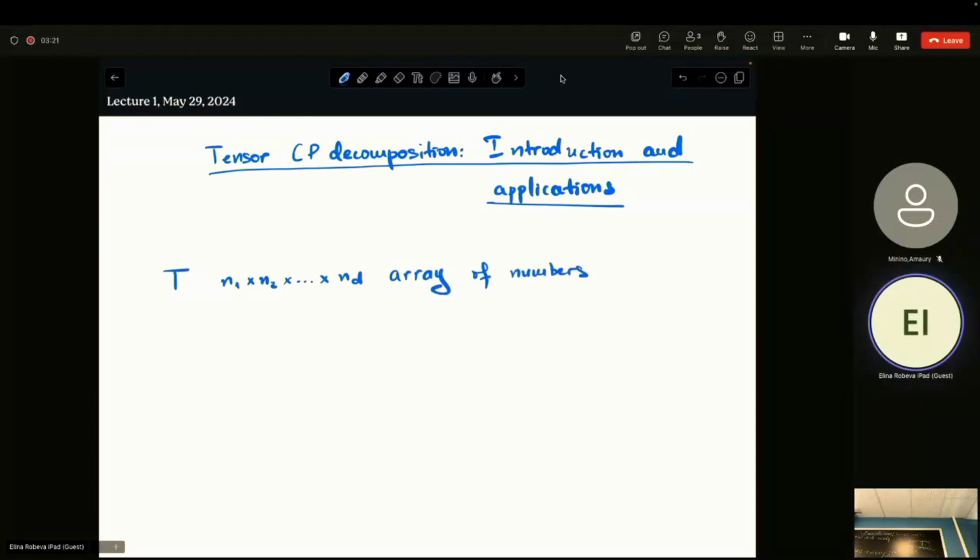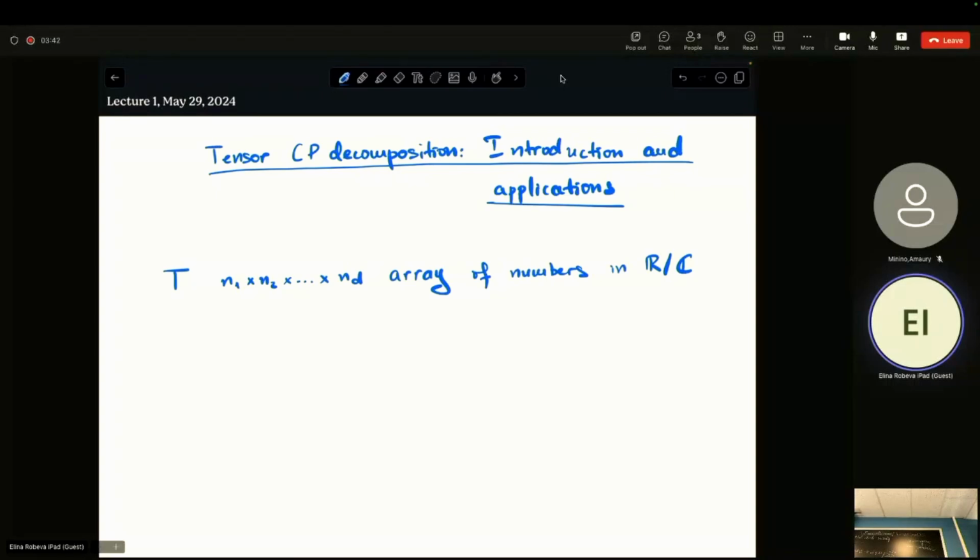In what I'll be talking about, they will be over the real numbers or the complex numbers, and I'm sure that you can also think about these notions over other fields. So today I'll talk about a way to decompose a tensor, which is called the tensor CP decomposition.